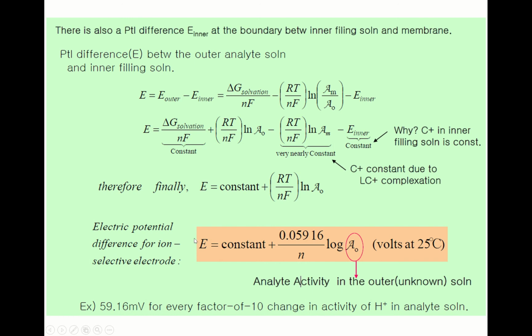So remember this equation, and conventionally the plus sign is given for cations and minus sign for anions. Ion selective electrode is one of the potentiometry methods, which means you measure the potential change and relate it to concentration and activity in a precise way. Let's stop here temporarily.